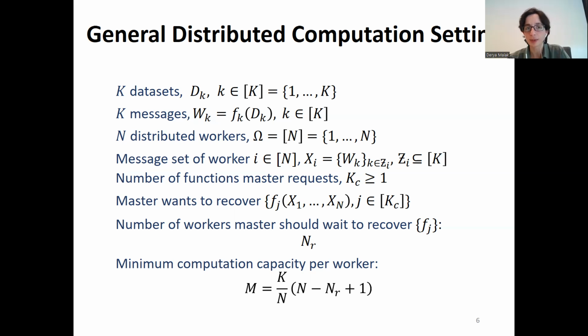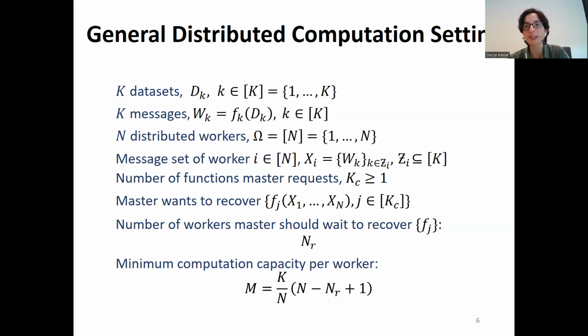And the master requests K_c messages, K_c functions of these distributed sources, given by this set of functions. And we have this parameter N_r, modeling the minimum number of workers that we need to wait for to be able to recover the set of functions.